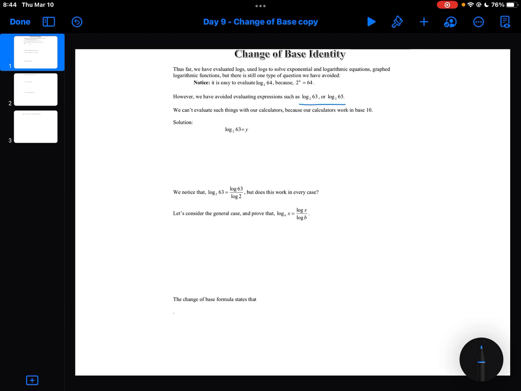So let's take a look here. If we had log base 2 of 63 equals y, the first thing we would do is change this into exponential form, 2 to the y equals 63. Then we would take the log of both sides, which allows us to bring the y down.